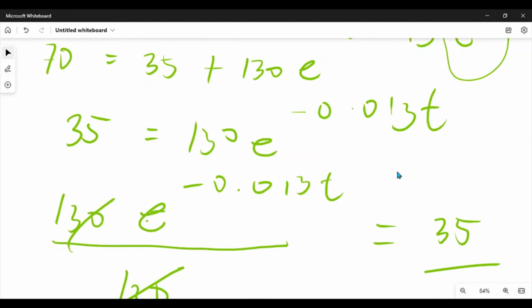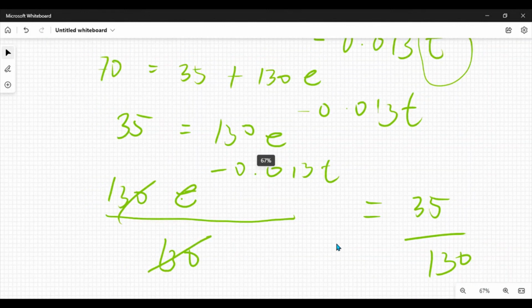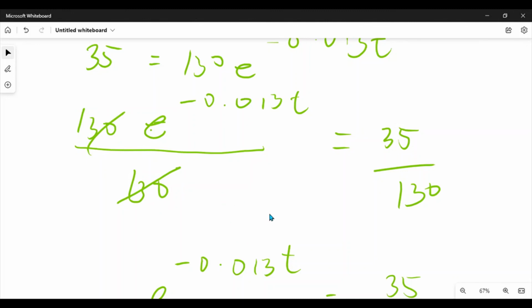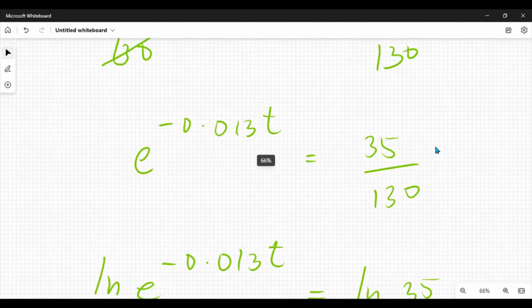Then we interchange the left and the right side of the equation. So we have 130 e raised to negative 0.013 t equal to 35. We get rid of 130 by dividing both sides of the equation by 130. So we have the result, e raised to negative 0.013 t, equal to 35 over 130.